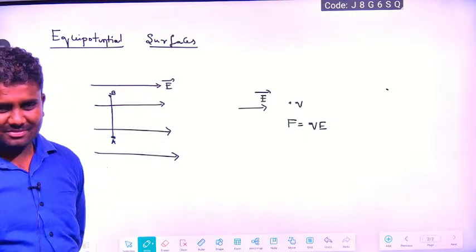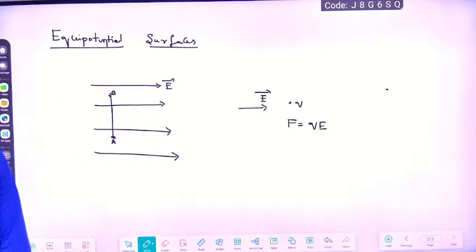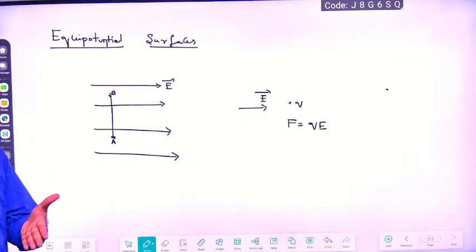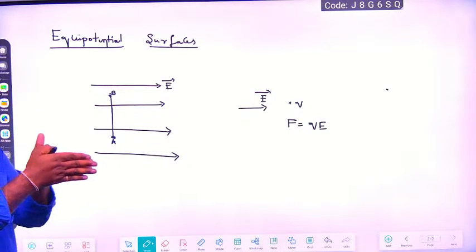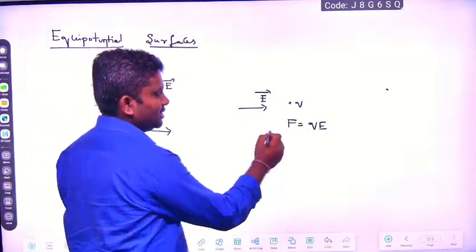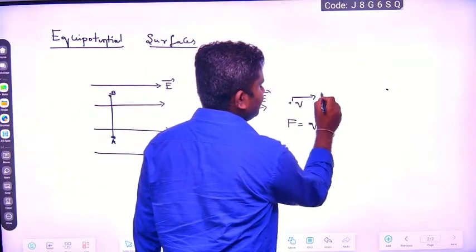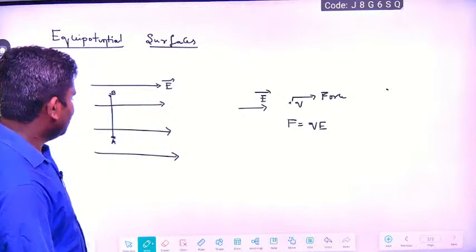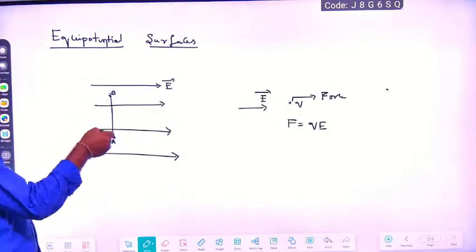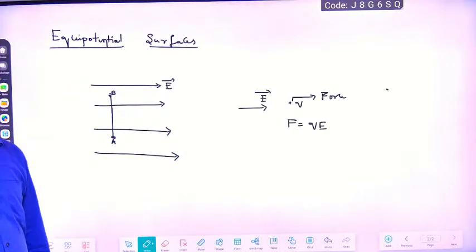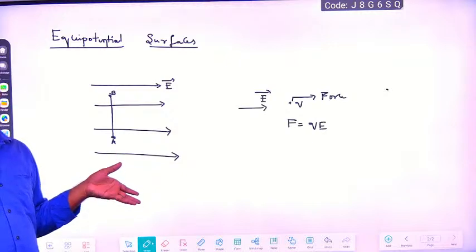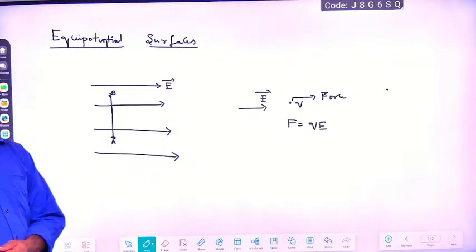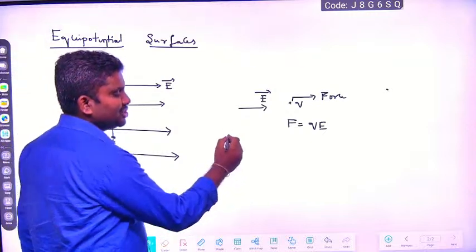If the field lines and the charge velocity are in the same direction, it will experience the force. But I will move the charge in the perpendicular direction of the field. Okay, understood?